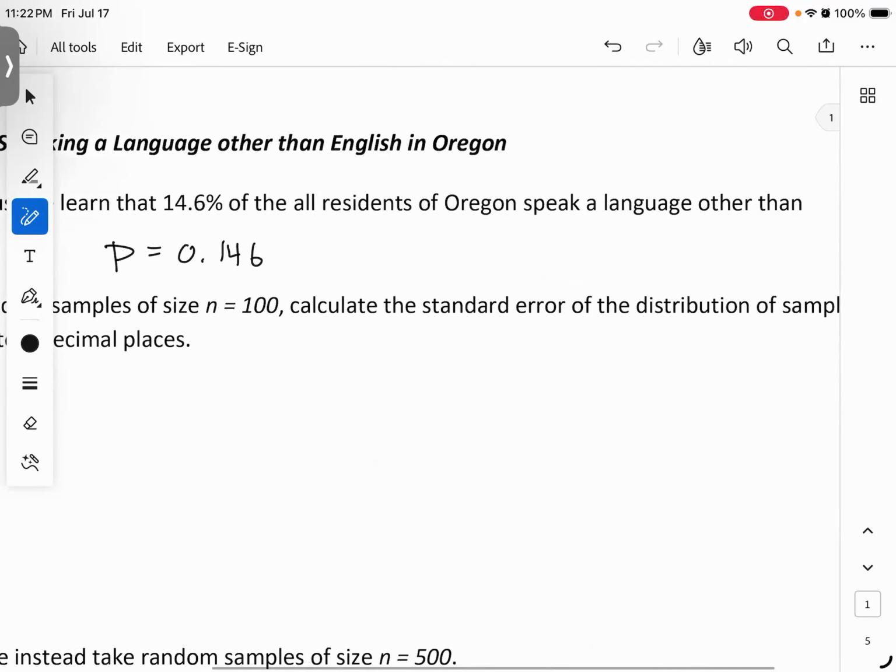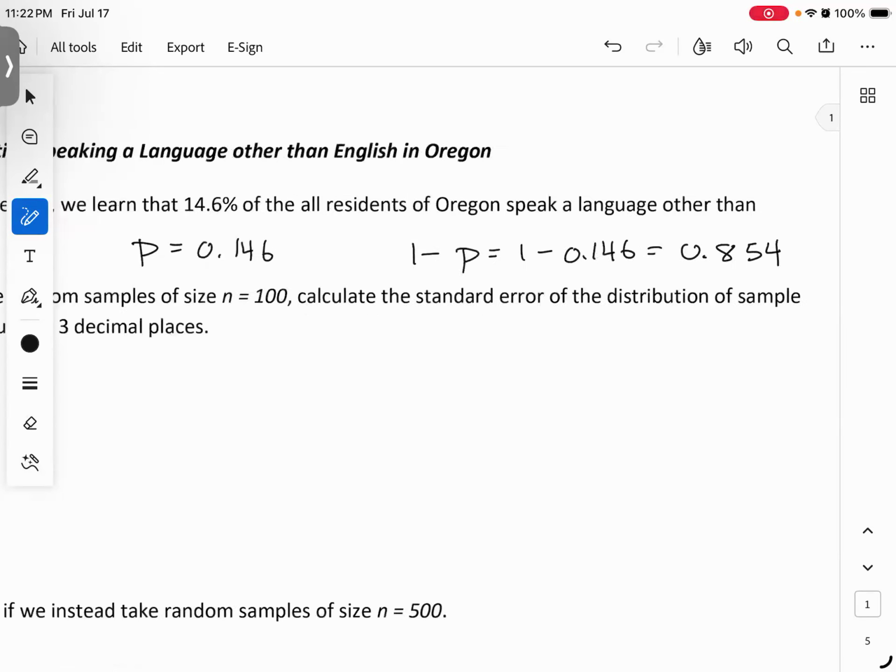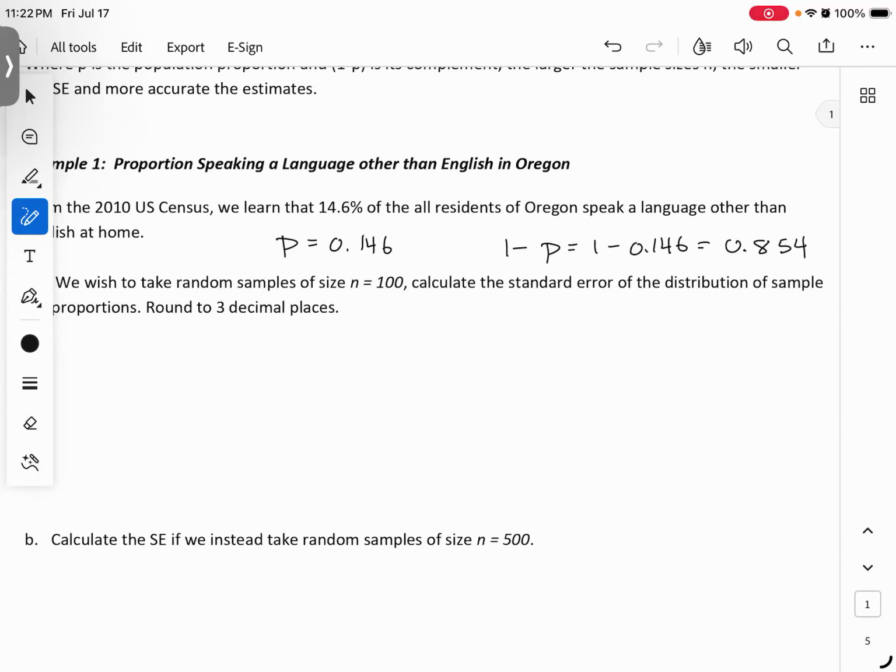And then what we'll need for the formula is 1 minus the proportion, which is the complement. So I'm just doing that right here. So 1 minus 0.146 would be 0.854.